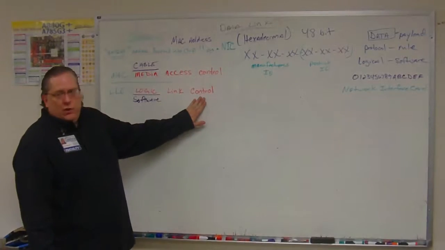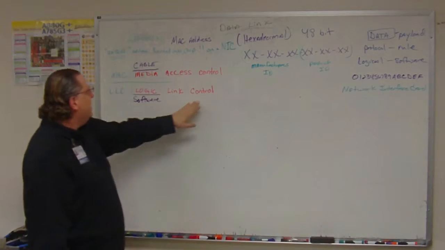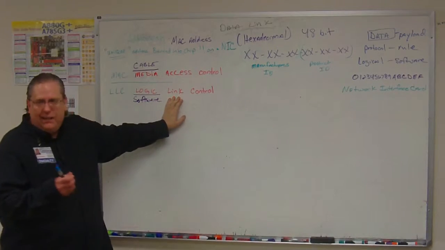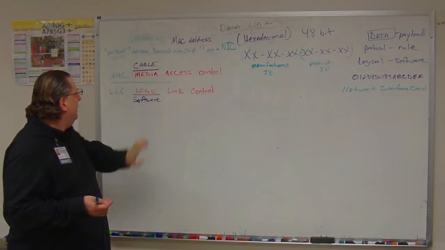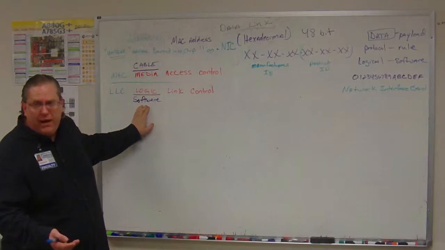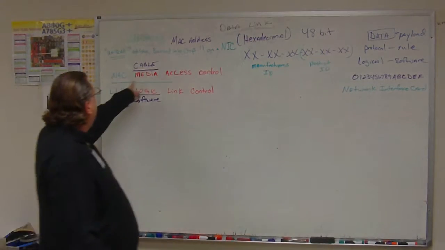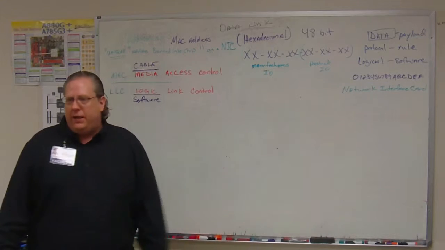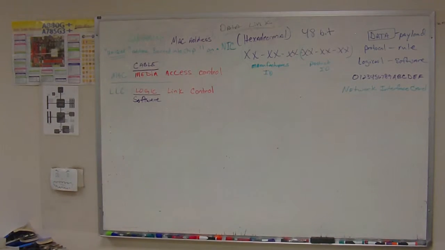So we're going to control access to the cable with the MAC address, but then we're going to control the link, which means the connection between two computers, with software. So what this really means is we have a number burned into a chip on a NIC card, but how do I share that from one device to the next? Well, there happens to be a little piece of software that lets us do that, and it's called the Logical Link Control.